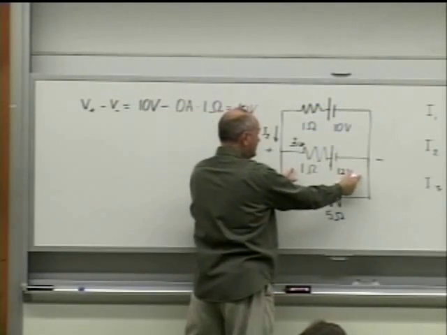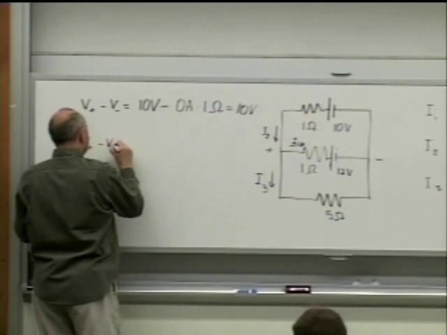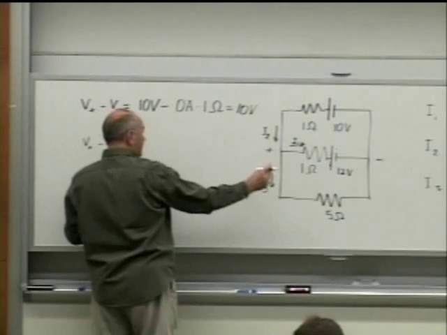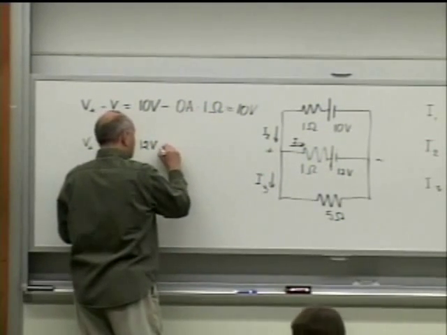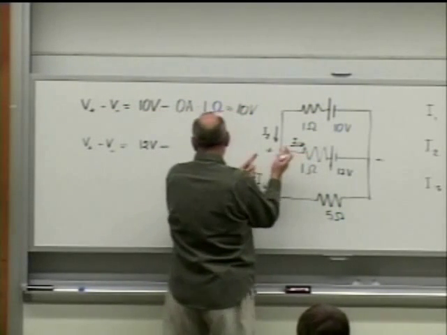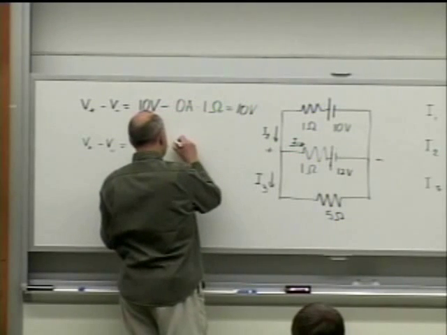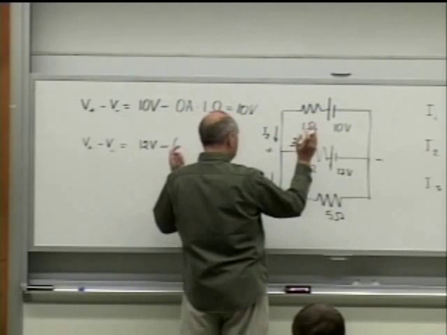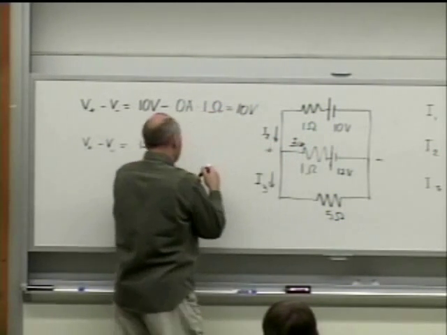Let's now take a look at this battery. So it's V plus minus V minus. The electromotive force of this battery is 12 volts minus, and I have the wrong current over here.